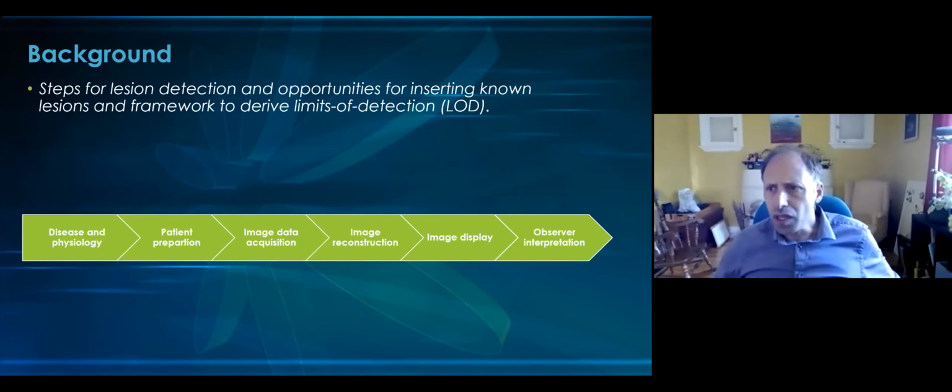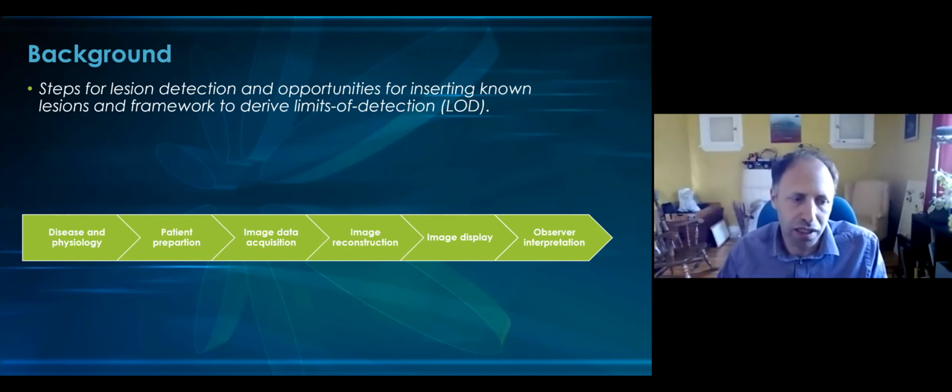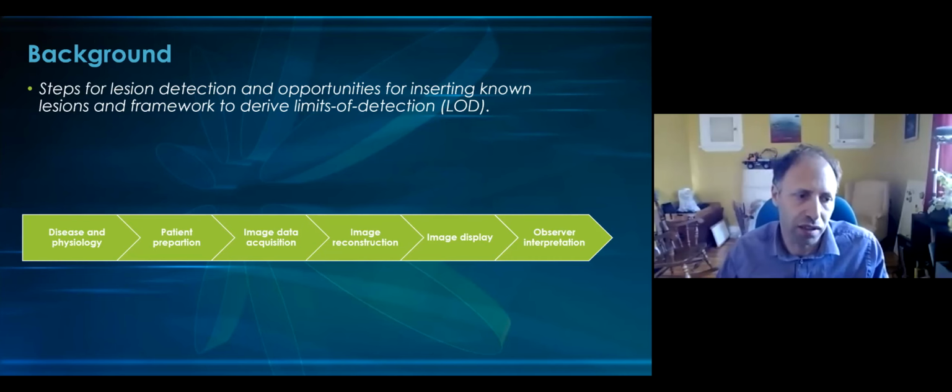So a bit of background as to what it is that we're trying to do as a big picture. We're talking about PET imaging, and in PET imaging, we're looking for lesions. So hotspots that pop up and they are maybe associated with disease, maybe not. There's a series of steps that has to happen between getting the patient into the imaging suite in the first place until you have an image to look at.